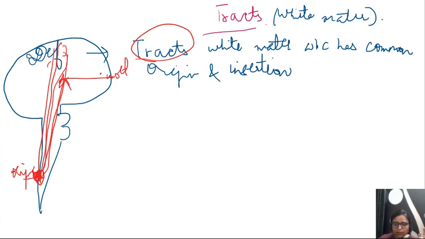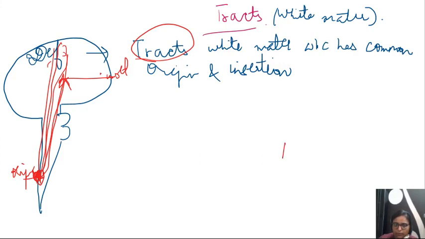Tracts are the axonal white bundles which are running in a vertical fashion in the brain and the spinal cord and have common origin as well as common insertion. Fine. So the tracts definition is clear. So let's move to another thing.